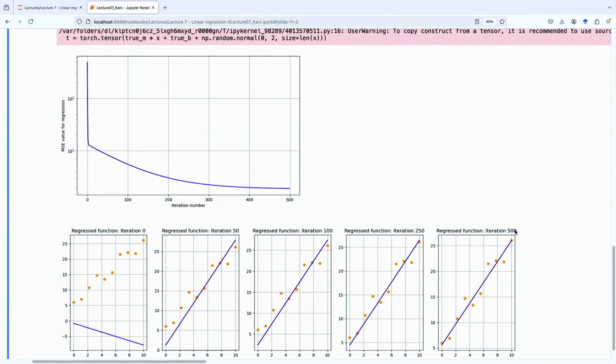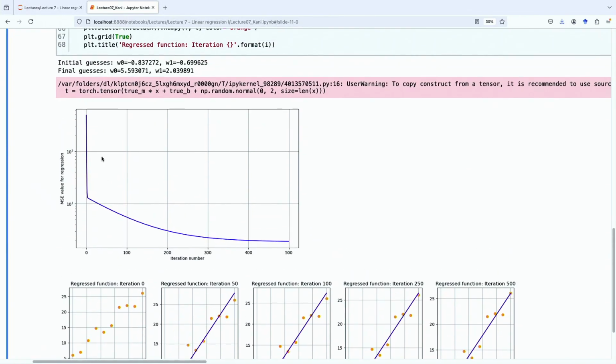It's pretty much bang on. And as we see, the loss, the mean squared error, continues to decrease with every iteration, first greatly, first suddenly, and then sort of exponentially. Make sense?